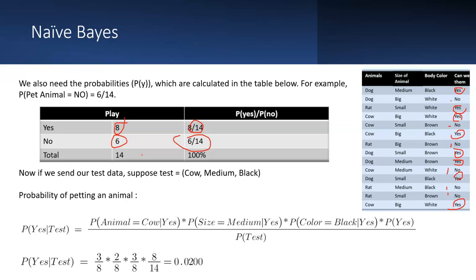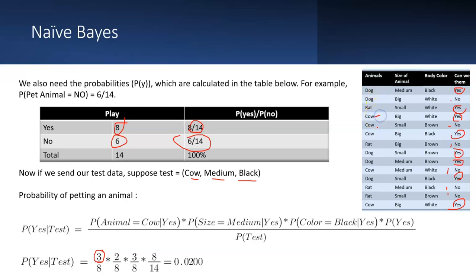Now let's say we have cow, medium, and black. If we send this test data, let's put it in. Among the 8 yes, how many are cows?